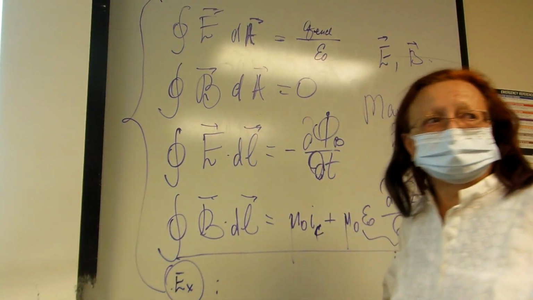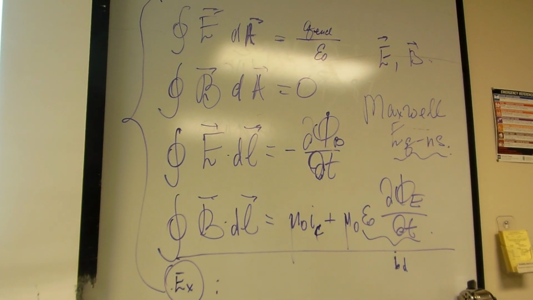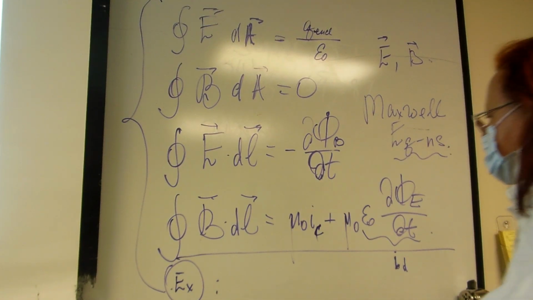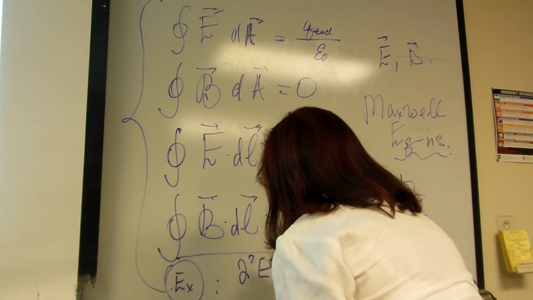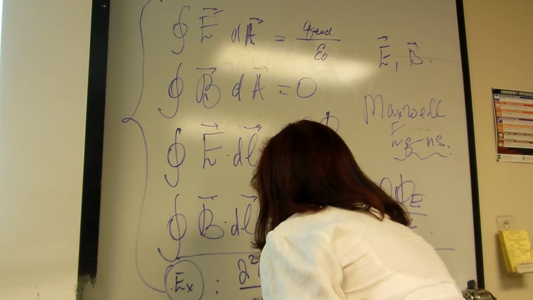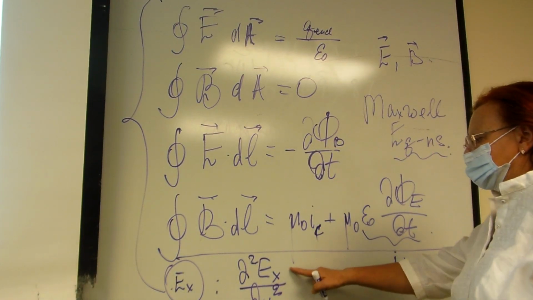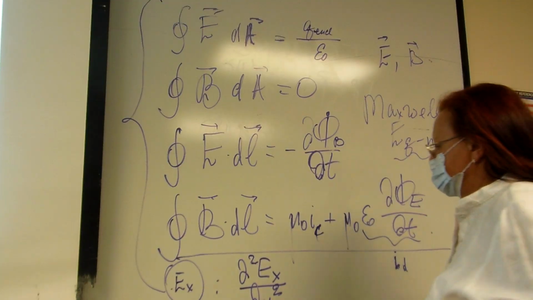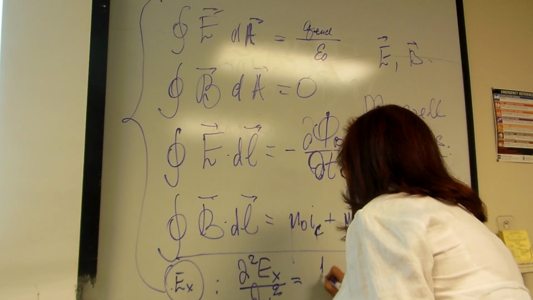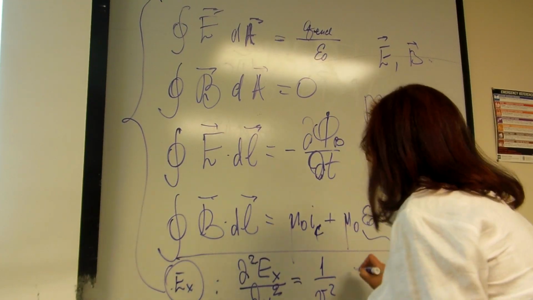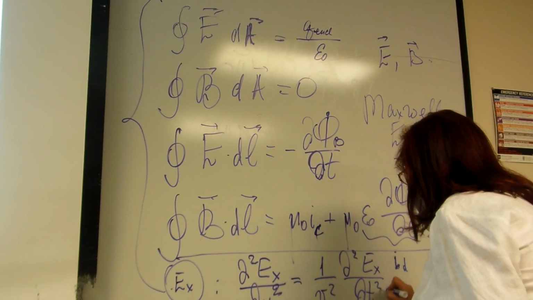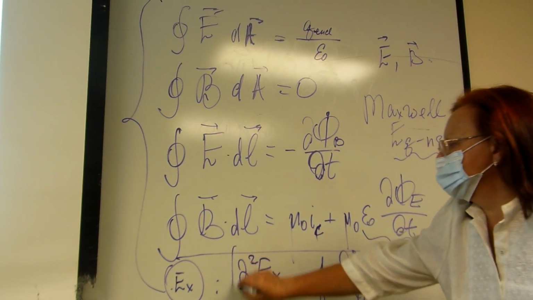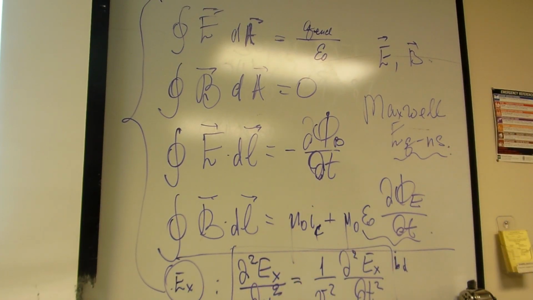We write for components of the field: second derivative of Ex over dx twice, and we take x because we see what's going on in the x direction, equals 1 over v squared, d twice Ex over dt squared. You see exactly the same structure of the equation.